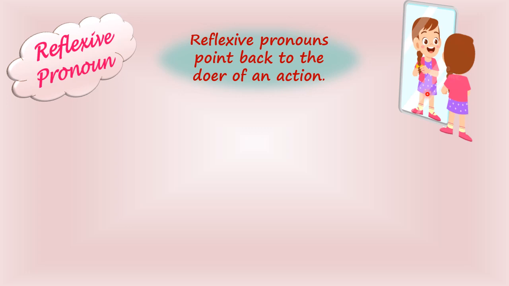That is why you see yourself in the mirror. Is it clear? In the same way, children, when in a sentence the object reflects back to the subject, then it is a reflexive pronoun.